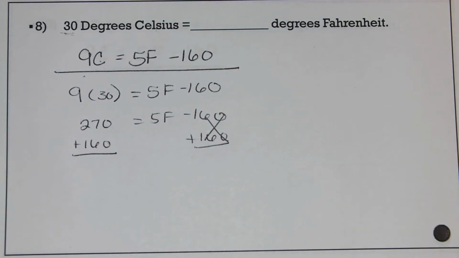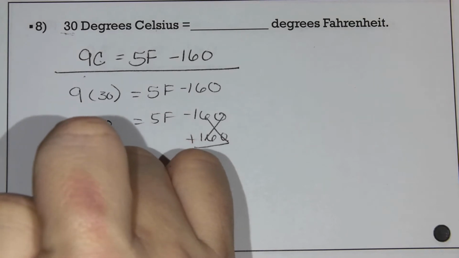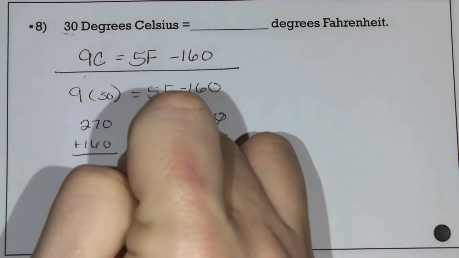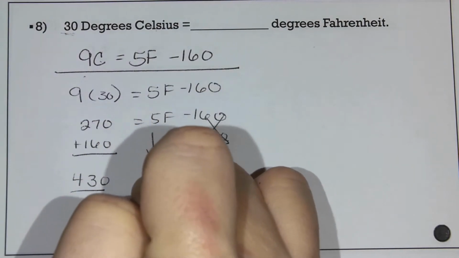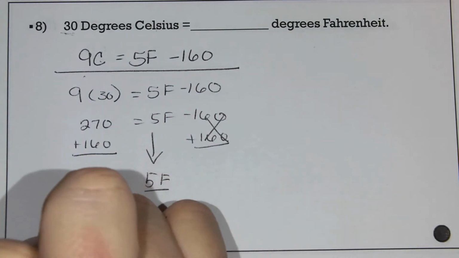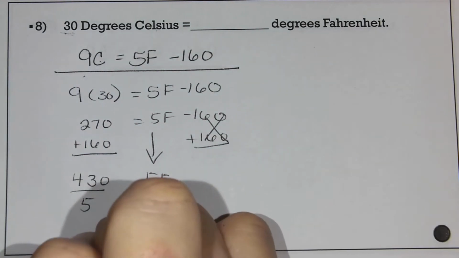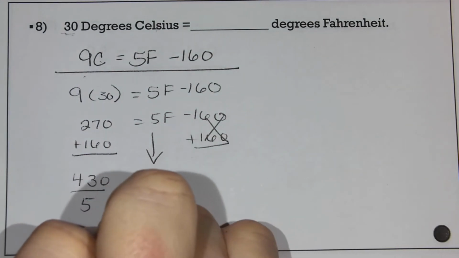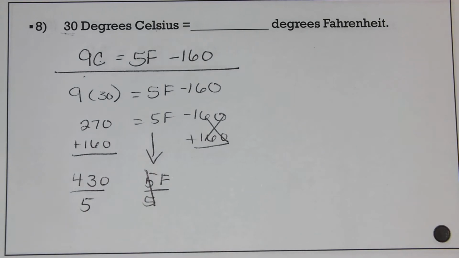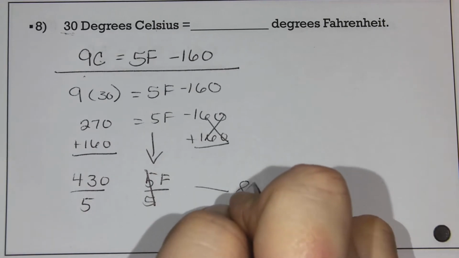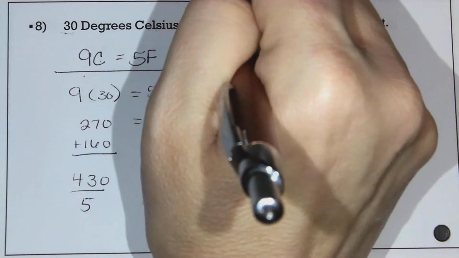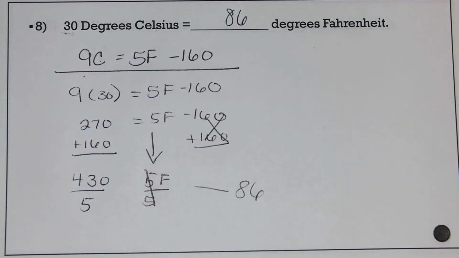So 270 plus 160, of course it's going to be 430. And then you're bringing your 5 down, so 5F divided by, or 5 divided by 5 is going to mark those out. Then you have 430 divided by 5, it should be 86. So it's 86 degrees Fahrenheit.